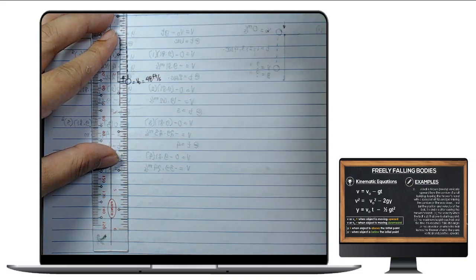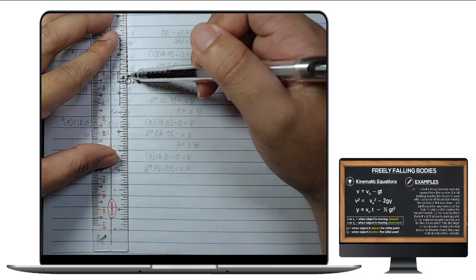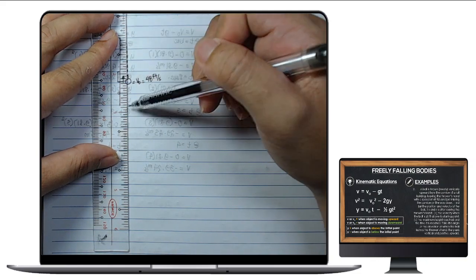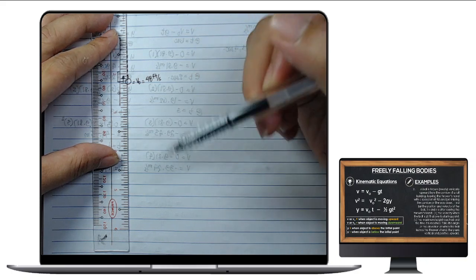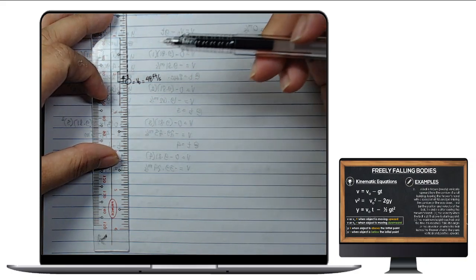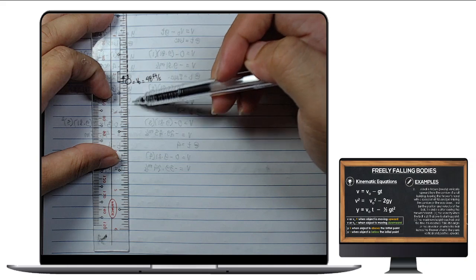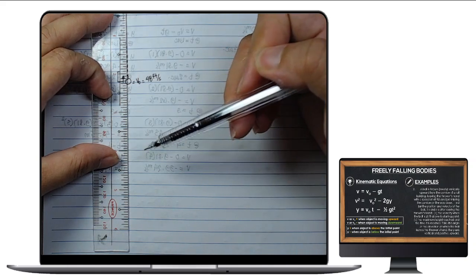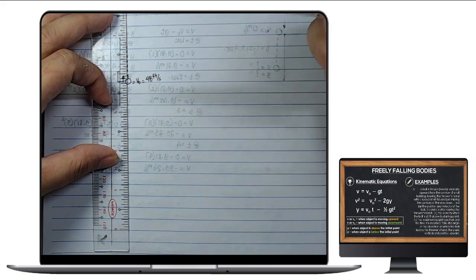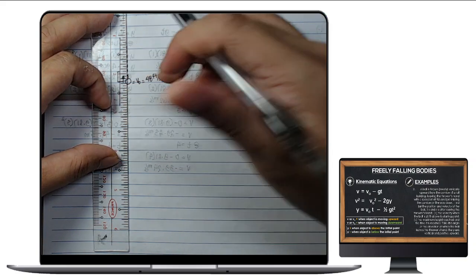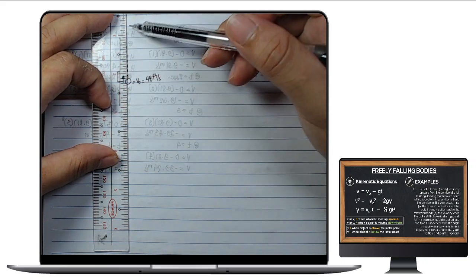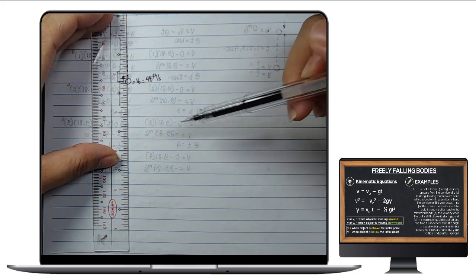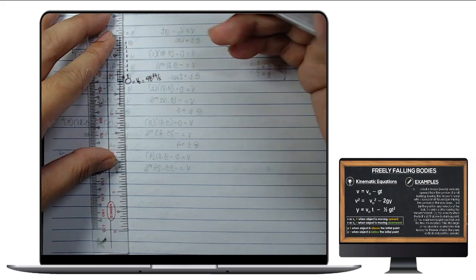Again, in real life, when you throw the ball vertically upward, it will go down at the same position, taking the same path it took going up. But for the sake of representation, I will separate the upward path and the downward path. Again, in real life they are the same. So let's just separate them.